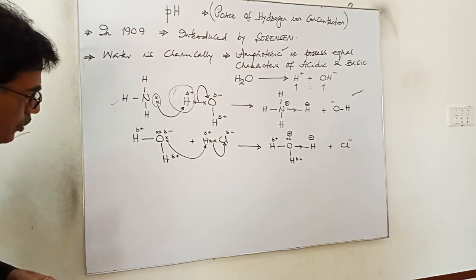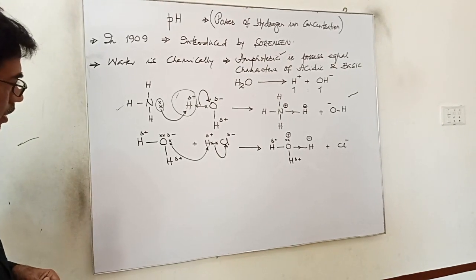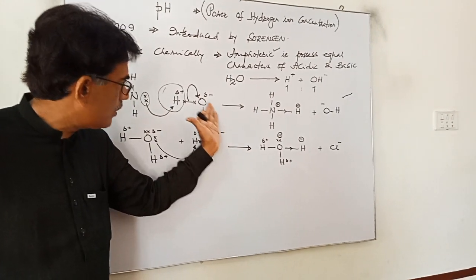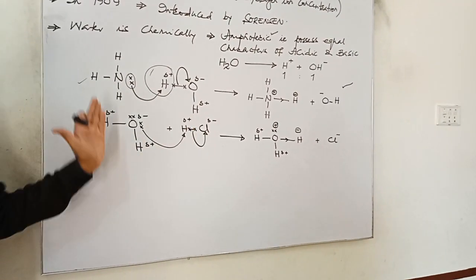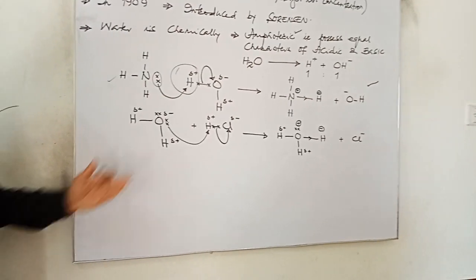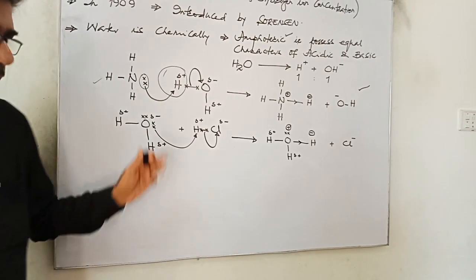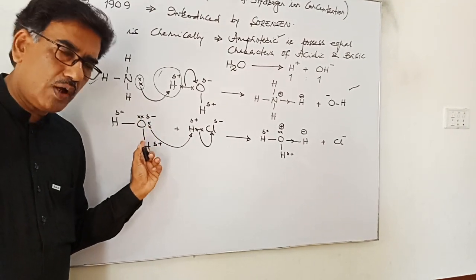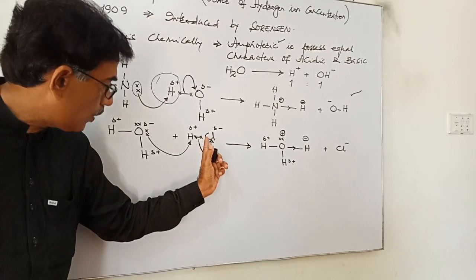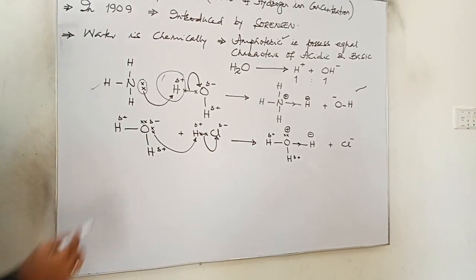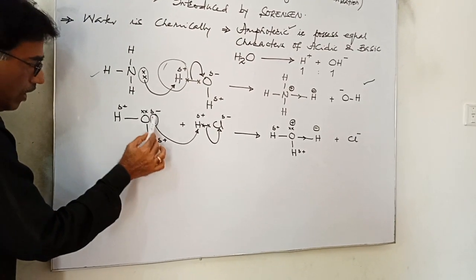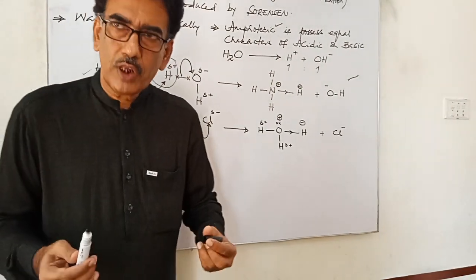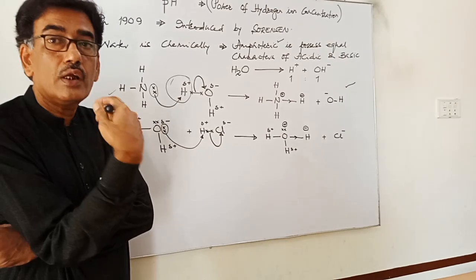So now again we have to check the character of water. Previously it was acidic when ammonia was added to water, but now when hydrochloric acid is added to water, we have to check what happened. Of the 2 lone pairs of oxygen of water, one is donated for sharing, and as the oxygen of water is the donor of electron, a donor of electron in accordance with the acid-base theory is what we call the Lewis base.